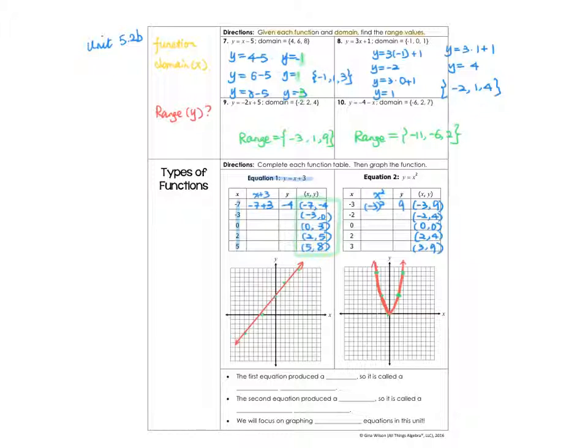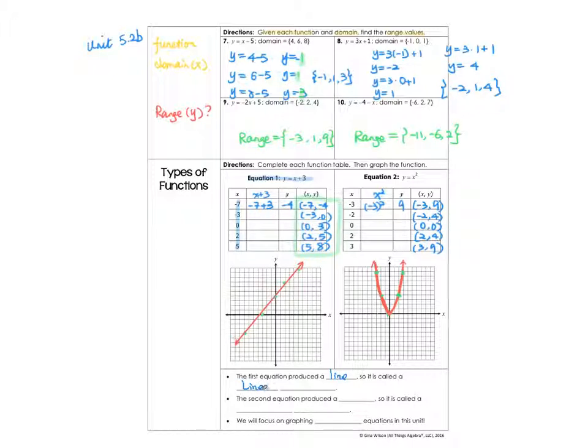Okay. Now let me move the sheet up a little so that we can see. Okay, that's okay. I can work with this. So notice here at the bottom it says the first equation, obviously, what shape is it? It's a line. It produced a straight line. So it's called a linear.